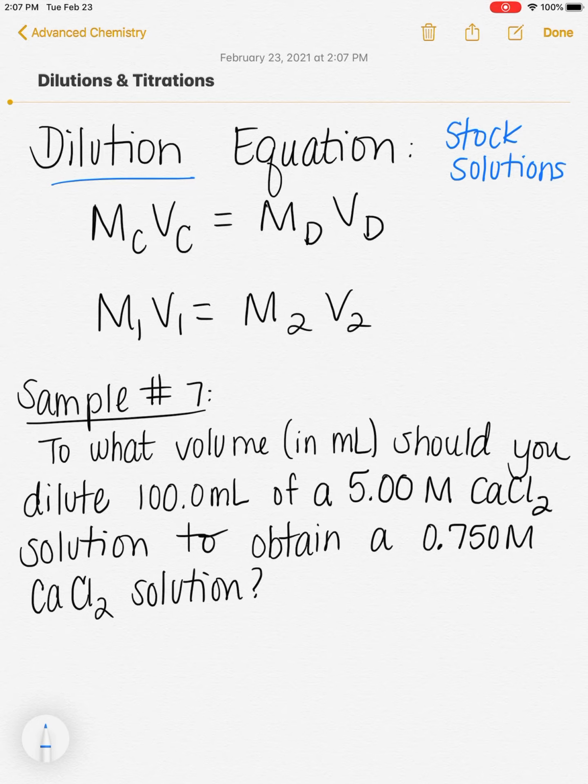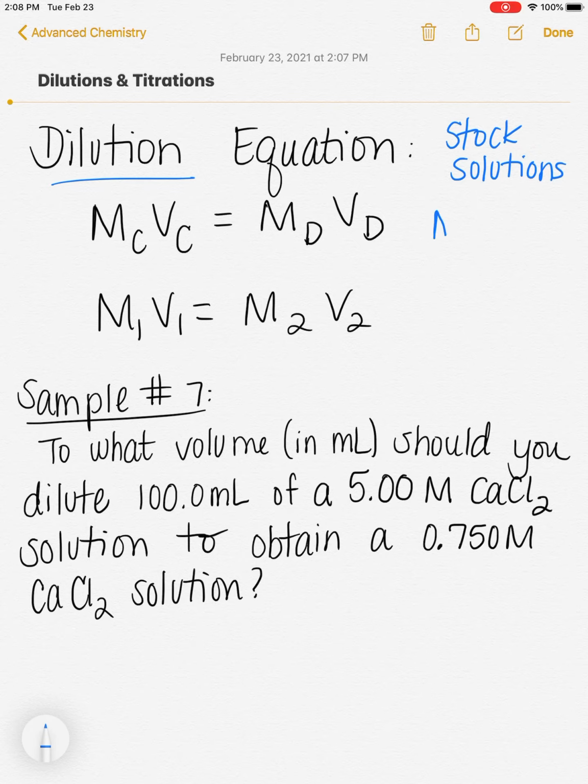So there's two versions of this equation. I frequently will use MC times VC equals MD times VD. The C's stand for concentrated, so molarity of concentrated times volume of concentrated equals molarity of dilute times volume of dilute.